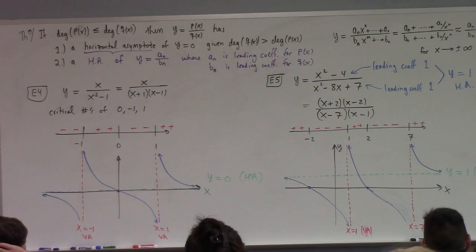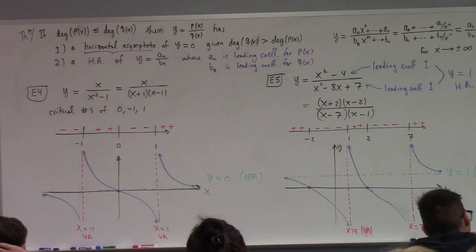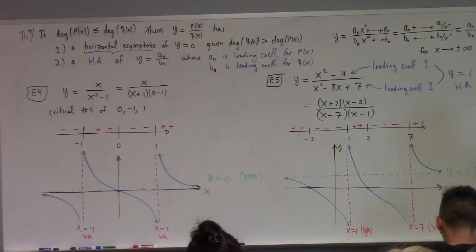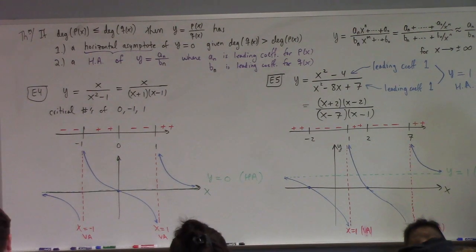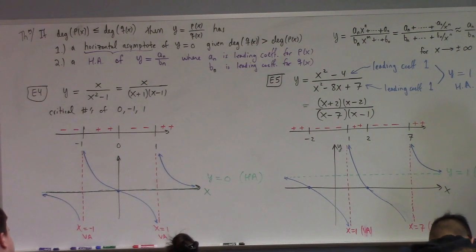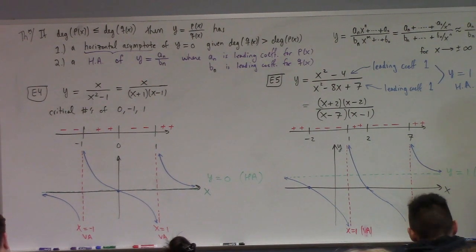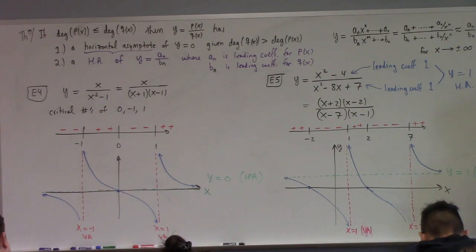All right, so let's look at another example. Let's look at y equals 2x divided by x cubed minus 9x squared.